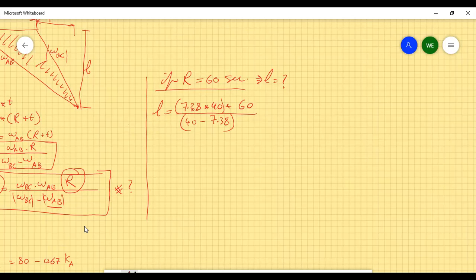Is there anything wrong? There is something seriously wrong. Here these are speeds in kilometers per hour, and here we have the time in seconds.